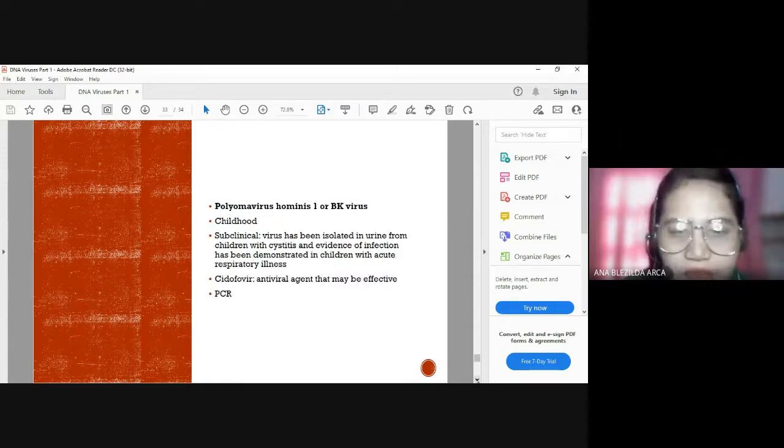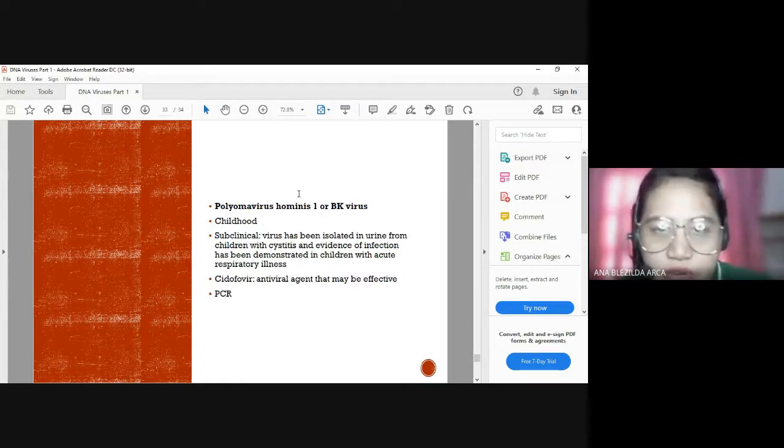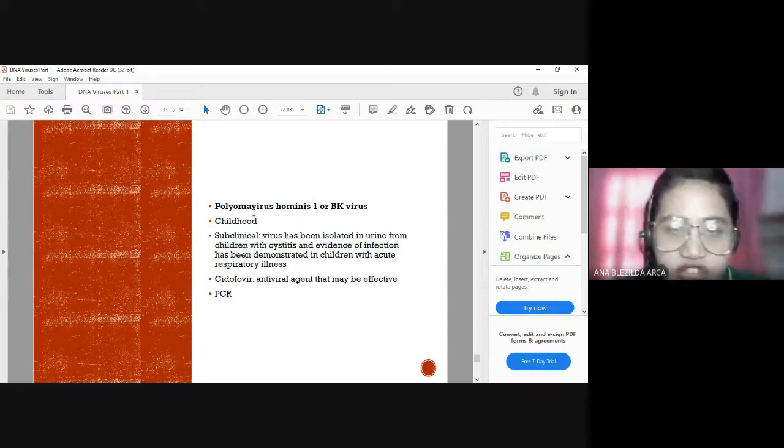Now, paano mo ito makukuha? Si BK virus or si type 1, you can get this during childhood. So, this has been isolated in urine from children with cystitis, and evidence of infection has been demonstrated in children with acute respiratory illness. So, again, sa bata, ang significance niya is cystitis and respiratory tract infection.